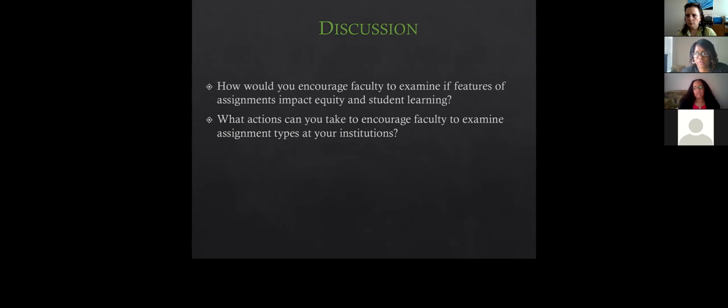They're just $1,000, but folks write proposals about what they want to do in relationship to improving course level or program level student learning. This year, as an option, one of the categories was equity and assessment, and examining your course and the assignment types and how students perform. We had at least one, possibly a couple of other folks, but definitely one person take us up on that examination.